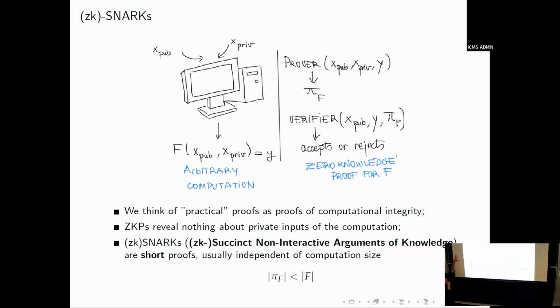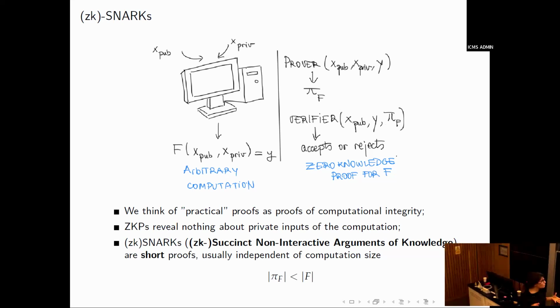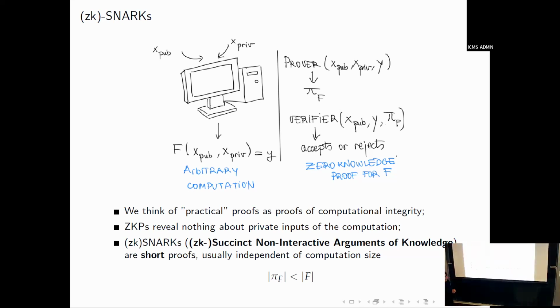Because in this setting, the property we often care about more is the integrity property. We care more about the fact that this shows that this computation has been executed correctly, and only occasionally do we care about privacy. What is a SNARK? Very roughly, it is anything where the proof that the verifier accepts is much shorter than the input to the computation.